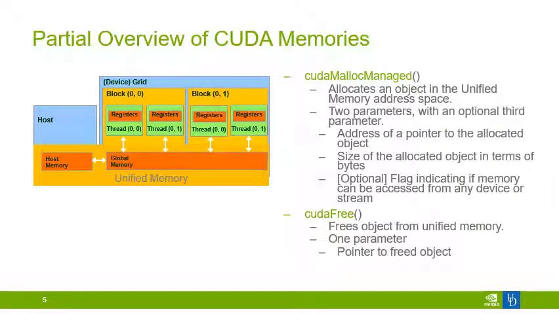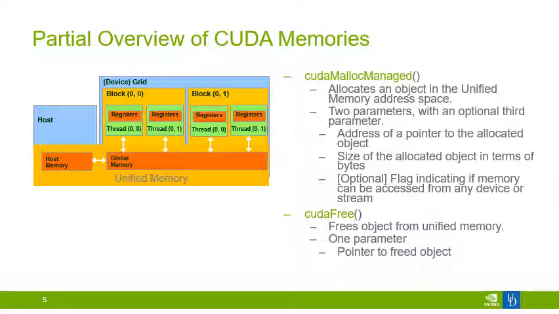To allocate memory using unified memory, you need to use cudaMallocManaged. Its parameters are the same as cudaMalloc. The only difference is that the pointer returned in the first parameter now contains a unified memory address. Also, you always need to remember that the size of the array is given in bytes.